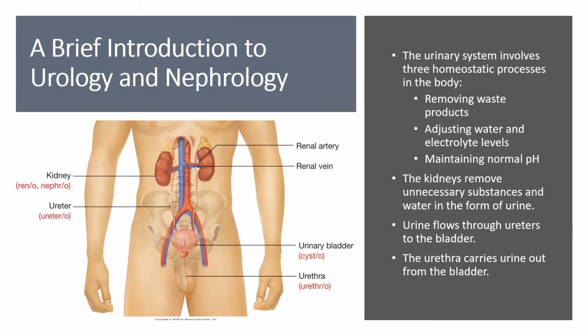There are three homeostatic processes that the urinary system is involved with: removing waste products from the body, adjusting water and electrolyte levels, and maintaining the body's normal pH. The kidney removes substances in the form of urine, and urine flows through ureters to the bladder, and the urethra carries urine out from the bladder.